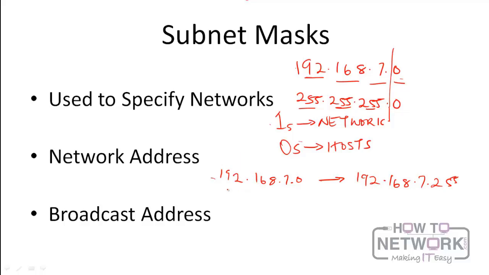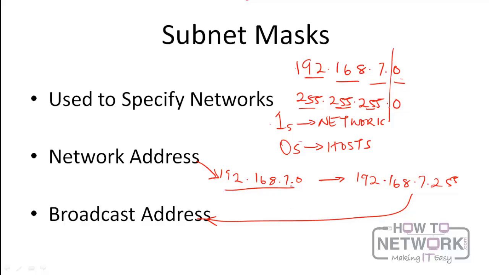Now, that means that our network address for this range is 192.168.7.0, while our broadcast address is 192.168.7.255. The broadcast address is very useful because if you send a packet to the broadcast address, you're pretty much sending it to every host on that network.